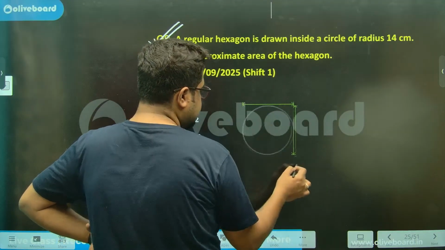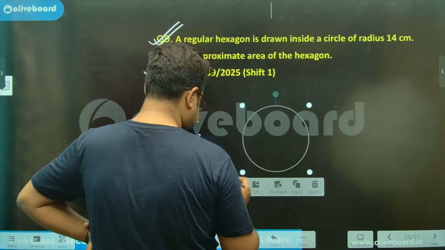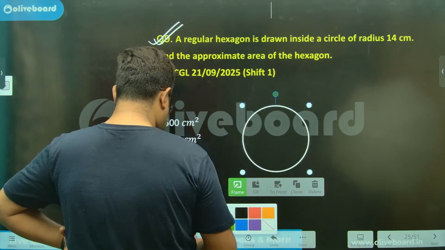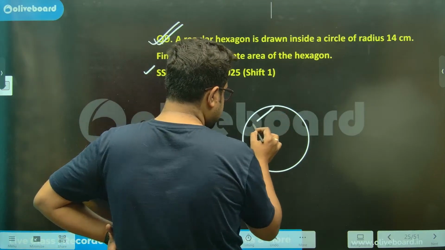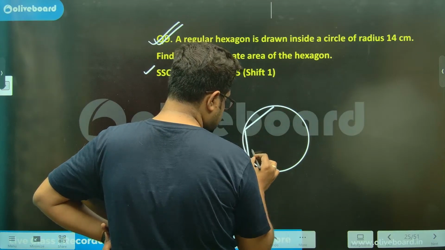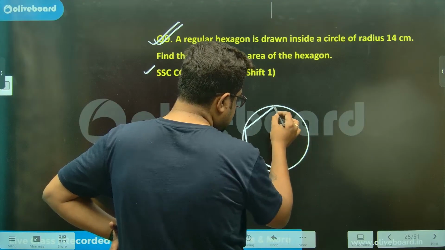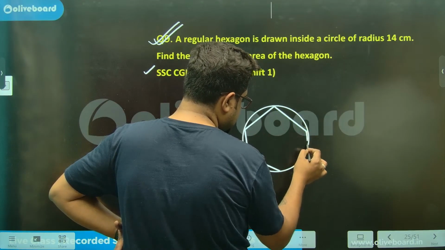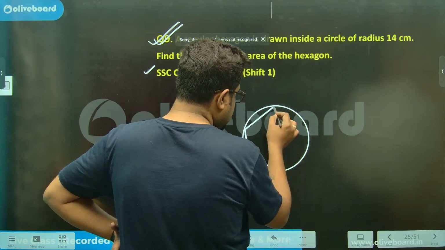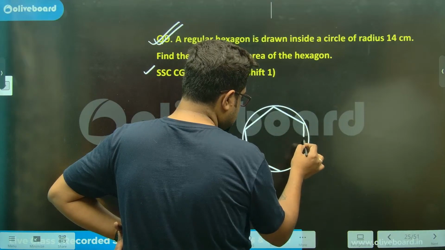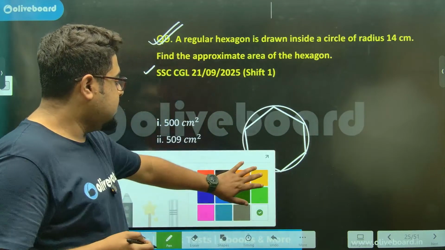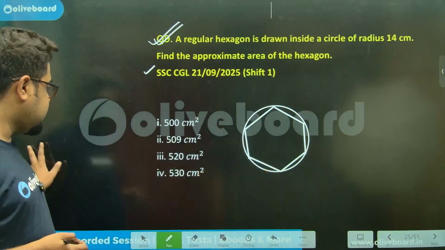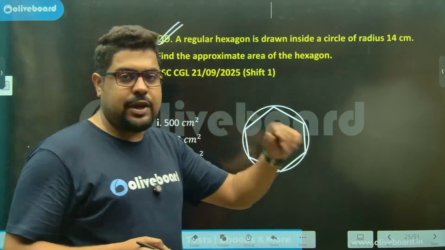Let me just draw the circle first, then drawing it will be a much easier task. Okay, let's say this is my hexagon, just to give you an idea.